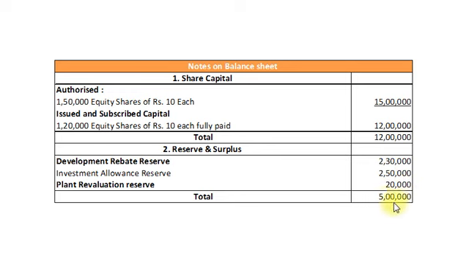So total reserve and surplus available after issue of bonus shares amounts to rupees 5 lakh. Because capital redemption reserve was fully utilized for giving bonus shares to fully paid up equity shares. Securities premium fully utilized. General reserve fully utilized. So only 3 reserves remain after provision of bonus.